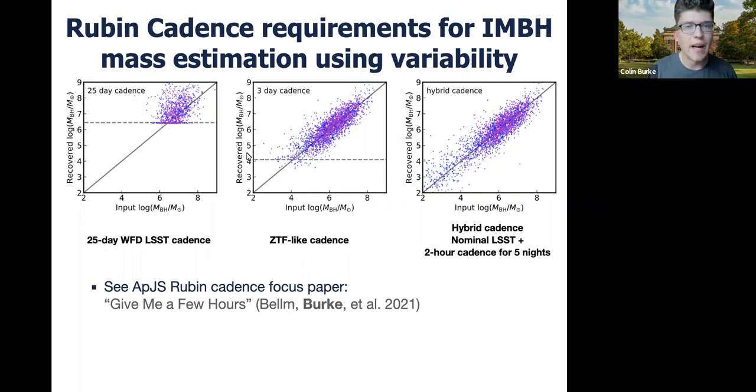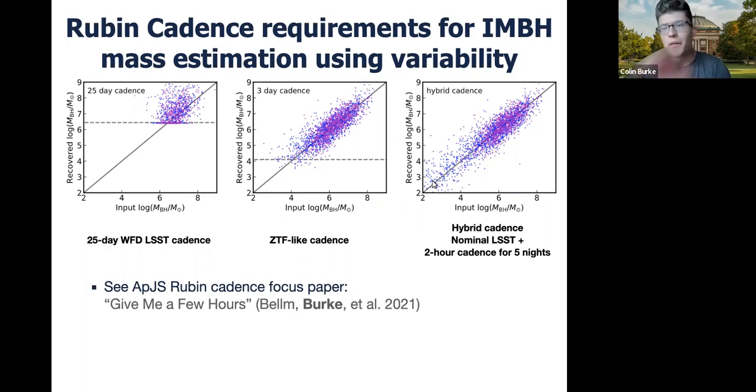When you do this with a ZTF-like cadence of 3 days, it's actually much better. You can get close to the IMBH range, into the 10^4. So 3 days corresponds to something like NGC 4395, barely a 10^4, 10^5 solar mass black hole. But below that, it's hard to get a black hole mass from the variability.